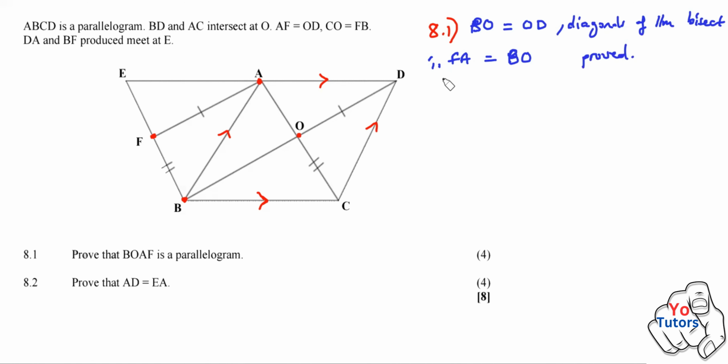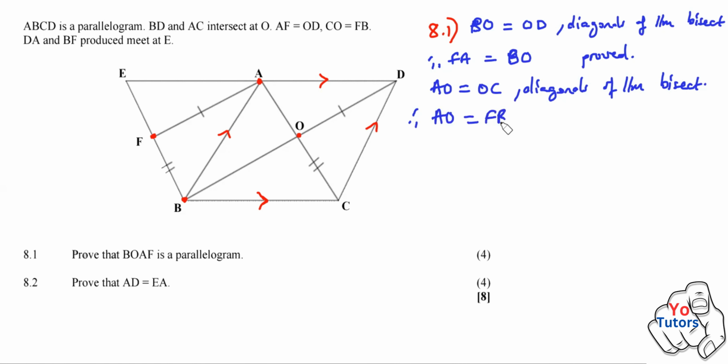Then the next one is AO. AO is equal to OC, because we're looking at this parallelogram that we are already given. So diagonals of a parallelogram bisect. Now we can conclude that AO will be equal to FB.